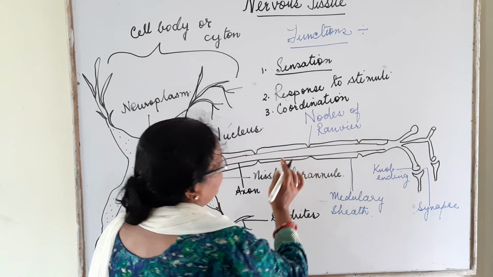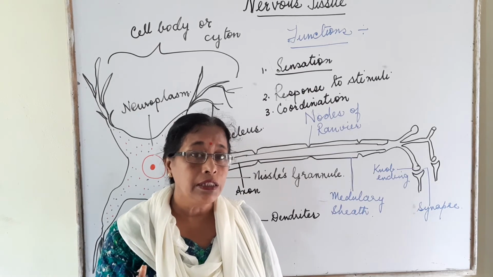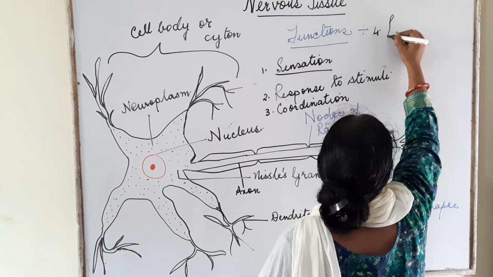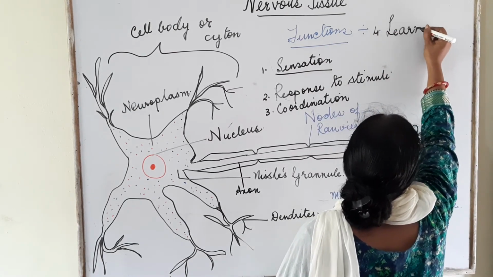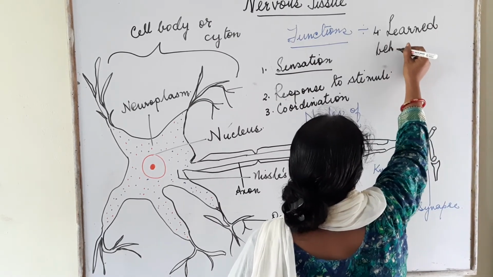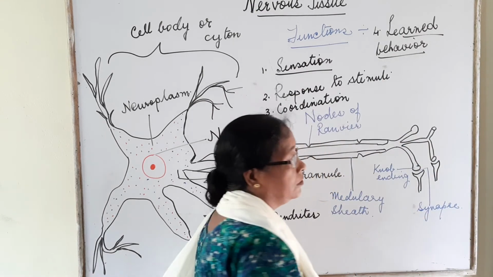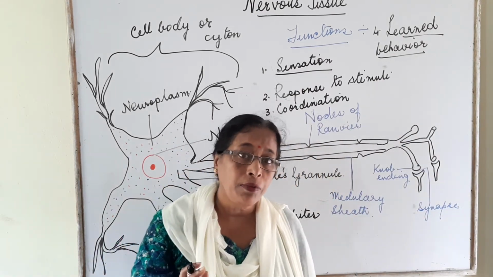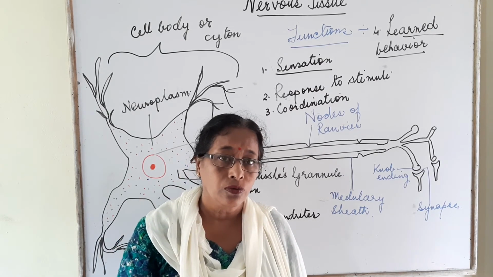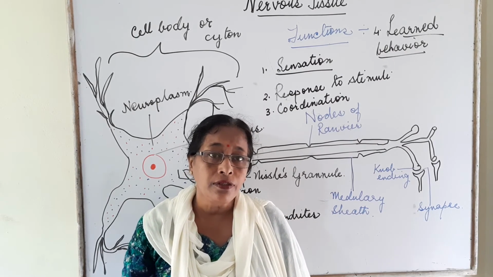Then another function is the learned behavior, that is learning, reasoning, memory. All these functions are controlled by the nervous tissue. Our intelligence is also controlled by the nervous tissue.